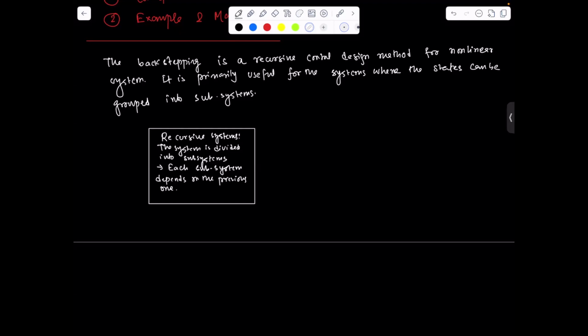So if the system is in this structure, we can say the system is in the recursive structure.